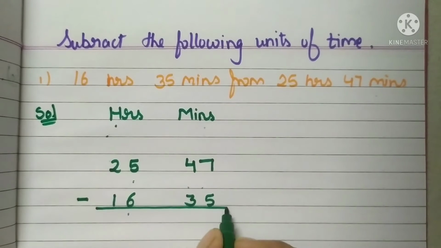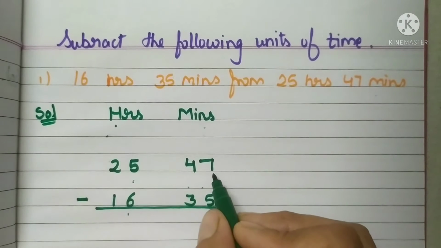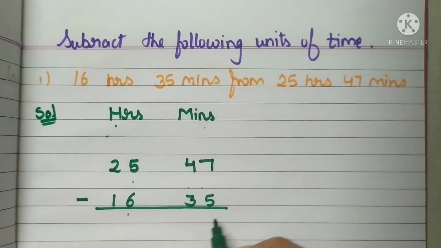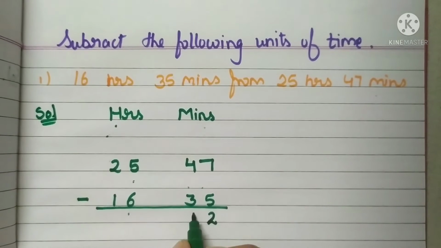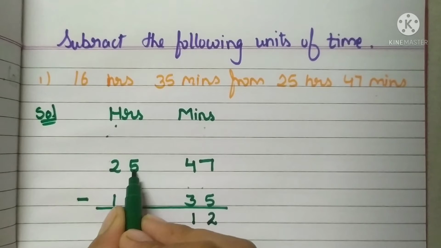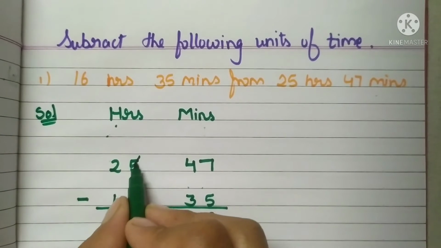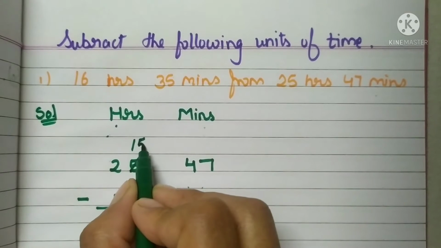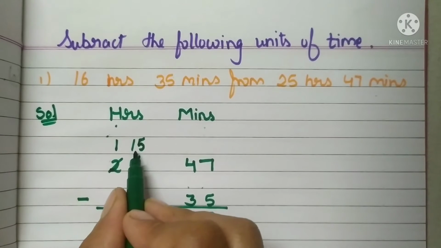So let's do the subtraction. We can easily subtract 5 from 7. 7 minus 5 is 2. Similarly 4 minus 3 is 1. But here in hours 5 minus 6 is not possible. So we borrow from 2 and it will remain 1 here and this 5 will become 15.